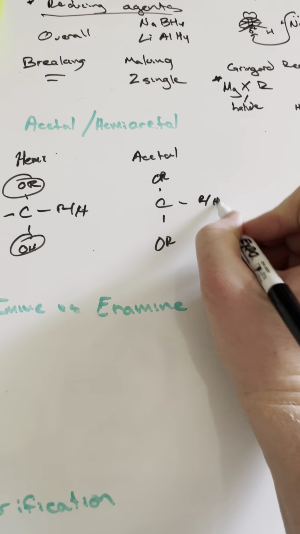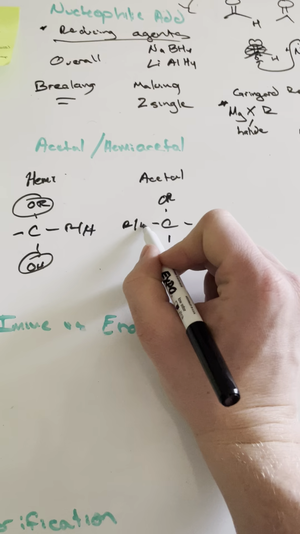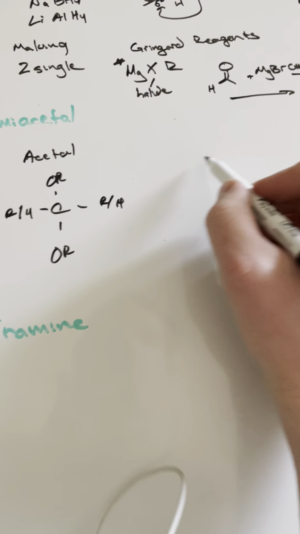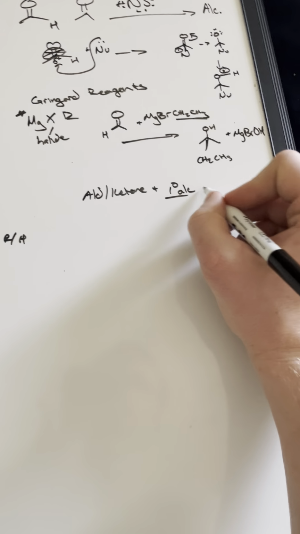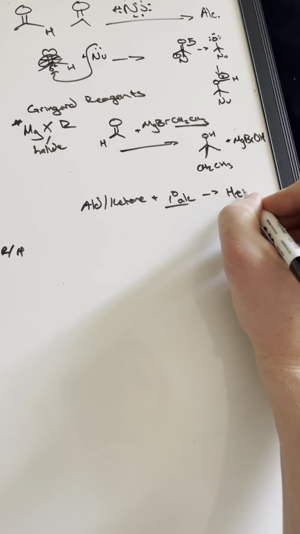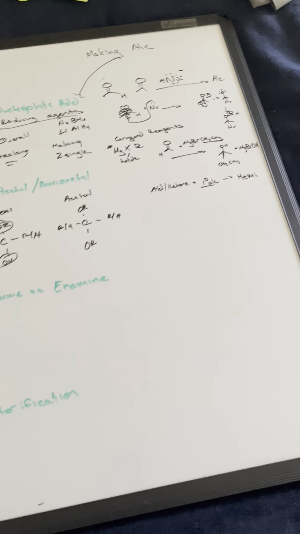And then again, it's going to be an R or an H. To do this, we just react our aldehyde or ketone plus a primary alcohol, and then you're going to get a hemiacetal every single time.